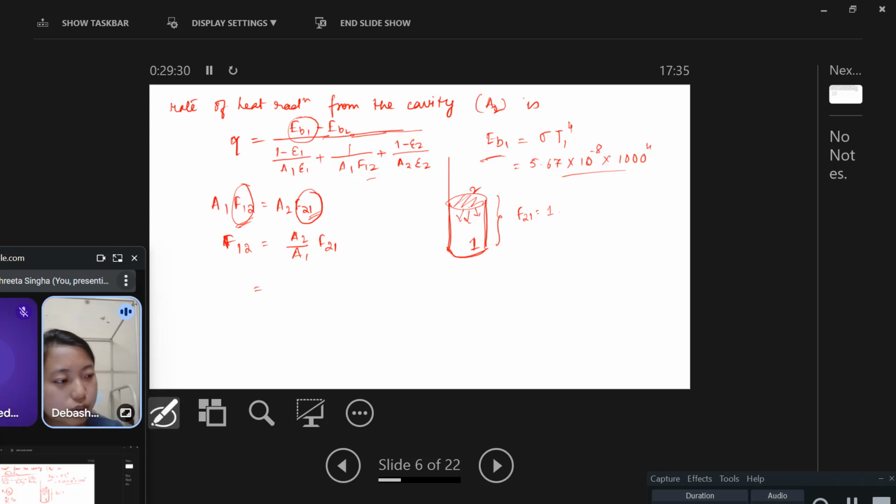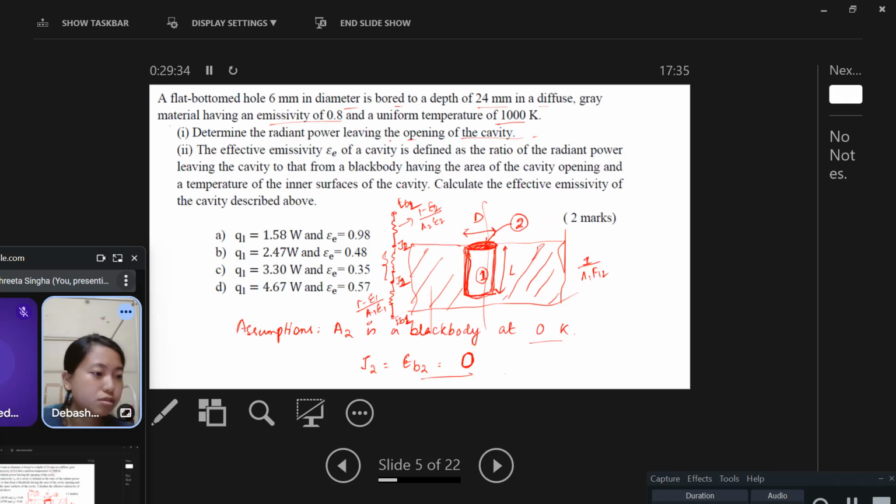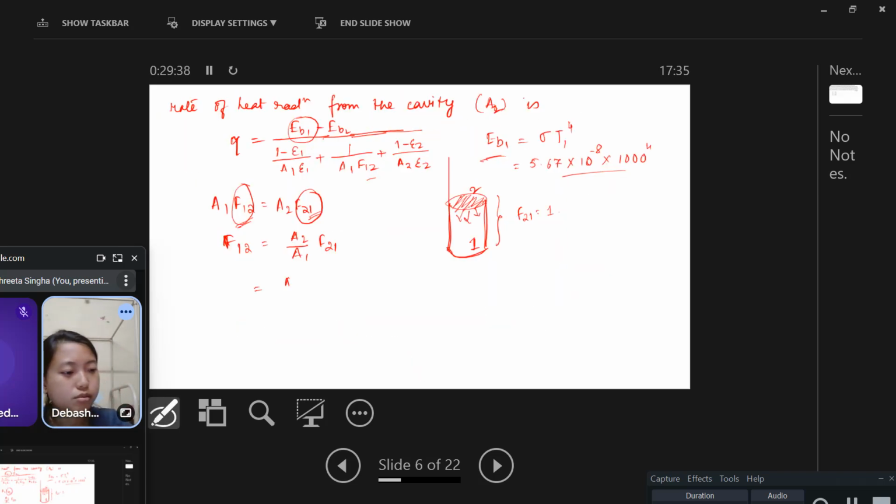Now A2 is given by this surface area, pi d square by 4, divided by A1.